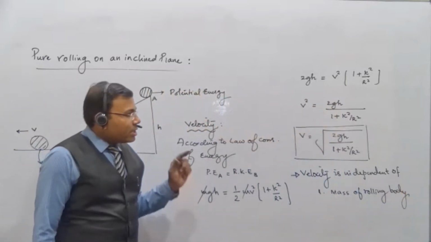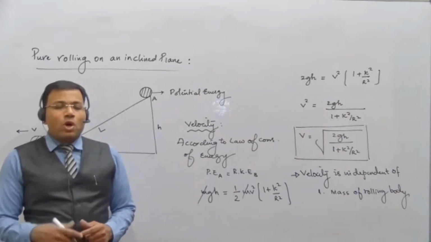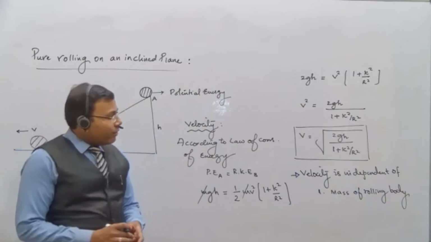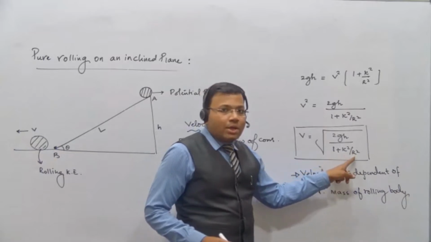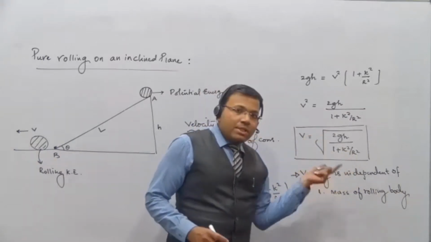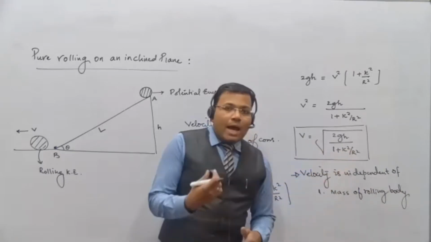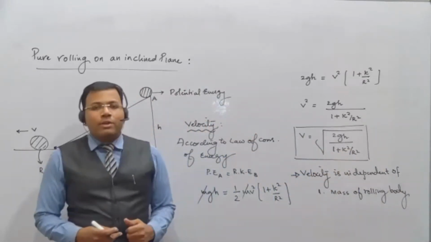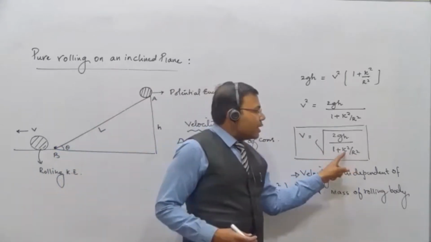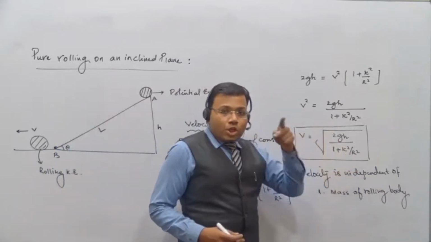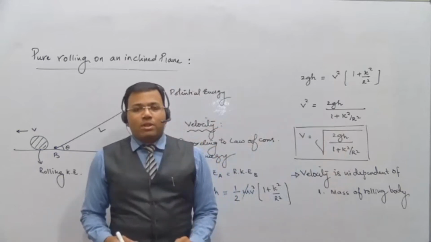And the second one, this is independent of the radius also. In what way the radius? Because we are getting the term k square by r square in the formula, and I'm saying that it is independent of the radius. On what basis? Try to understand. When r increases, the radius of gyration also increases. The ratio of k square by r square always remains constant.